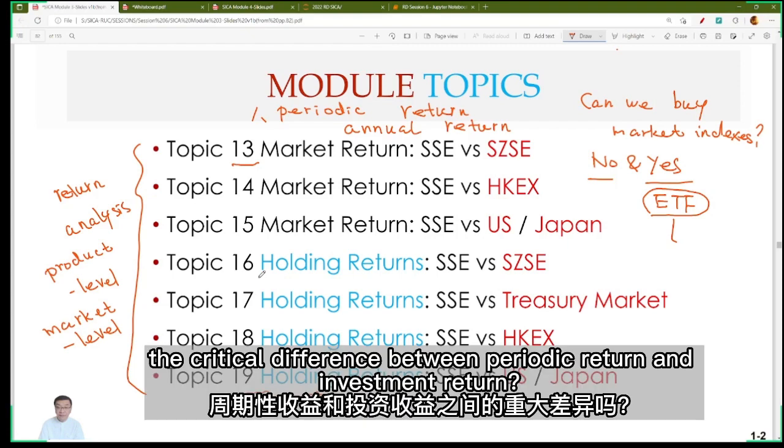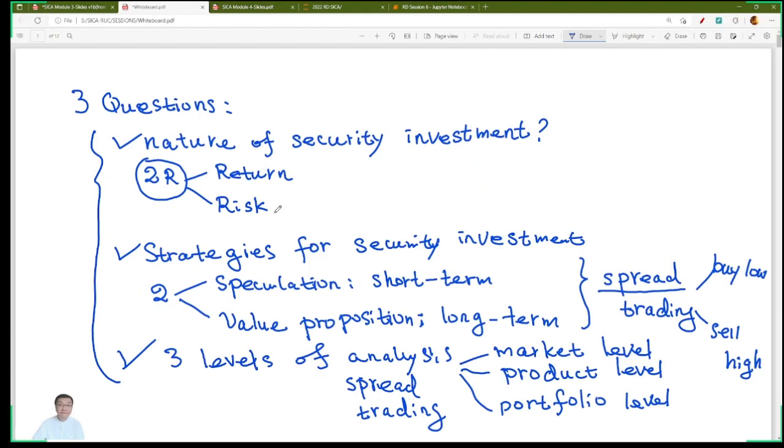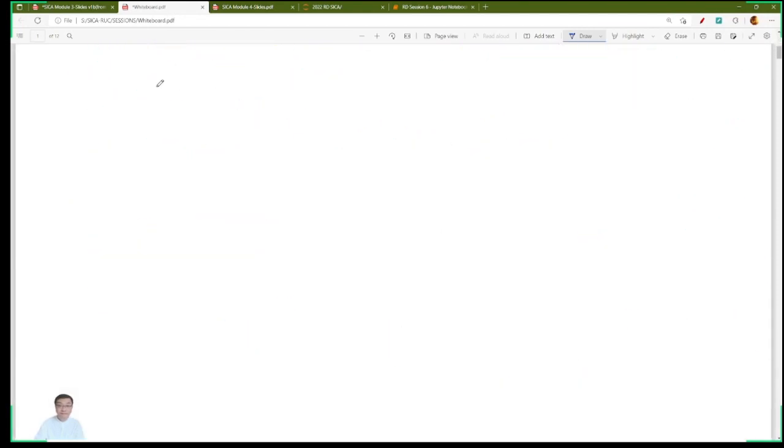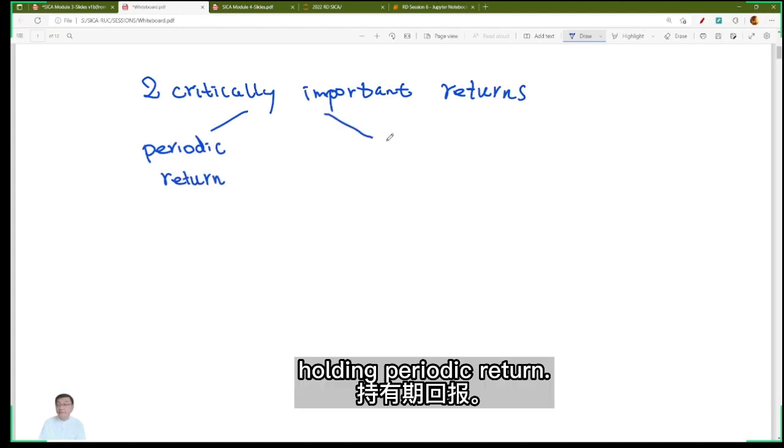Still remember the critical differences between periodic return and investment return? Two critically important returns: periodic return and holding period return.